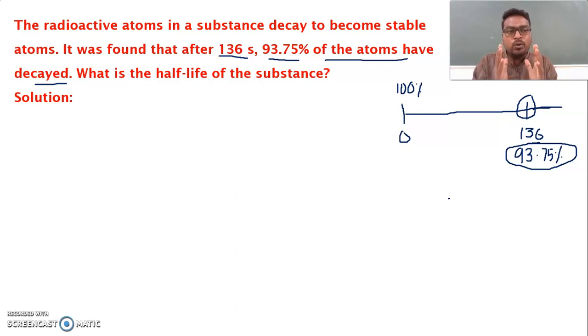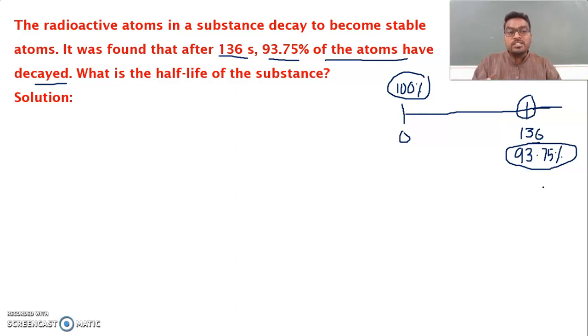confused. Here three quantities will come. The amount of radioactive substance at the 0th minute is always 100%, the initial concentration. After this, two quantities will come. Exactly at 136 seconds, the amount of substance decayed and the amount of substance not decayed. Here the amount of substance decayed is 93.75%.